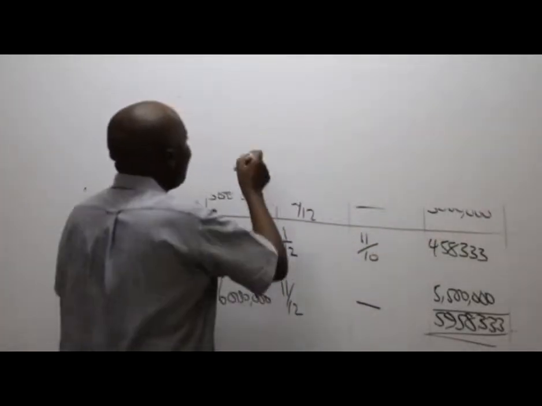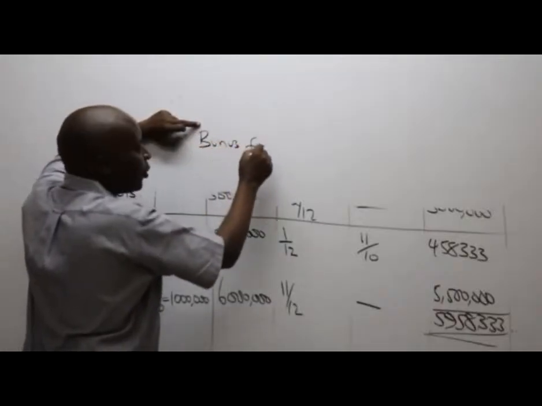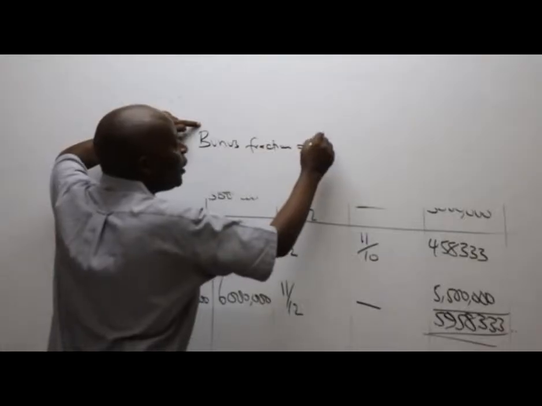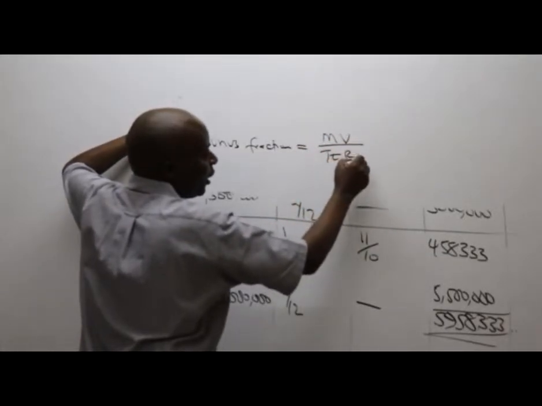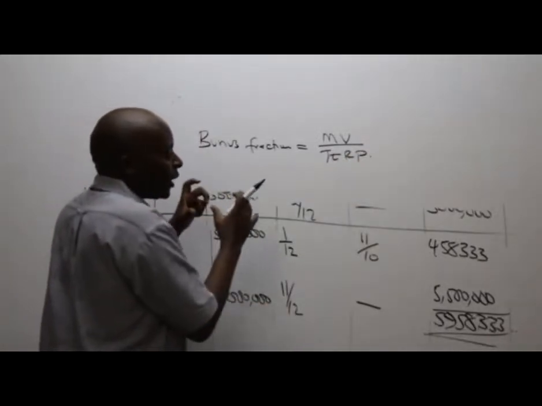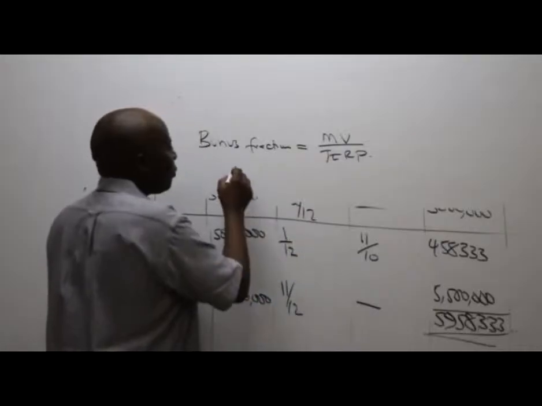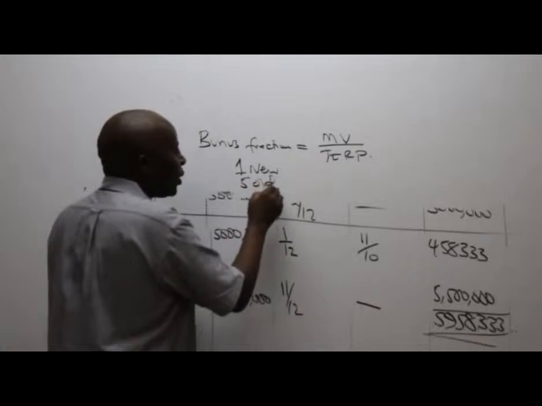Hii fraction tunaita bonus ama rights fraction, bonus fraction. What we've done is to take the market value before the rights divided by what we call the theoretical ex-rights price. And remember, to get the theoretical ex-rights price is very easy. Like here they have told us it is 1 new for every 5 old shares.